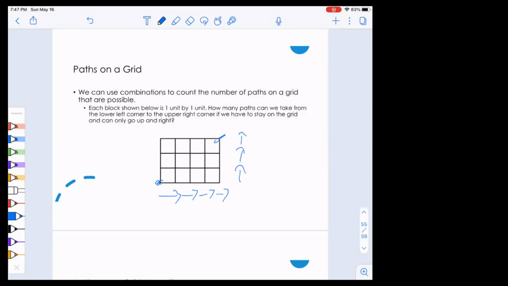So if we had to walk 7 blocks either way, we're choosing 3 of these blocks to be upwards and 4 to be rightwards. So we're just choosing 3 from 7, which is 7 choose 3, and what we get is 35. So there are 35 paths to get from the lower left to the upper right.